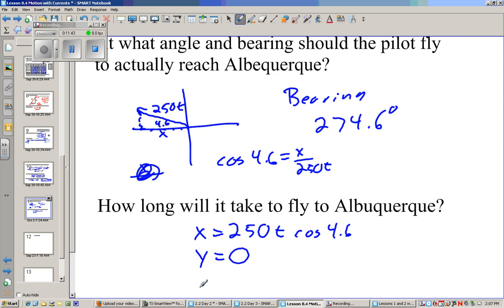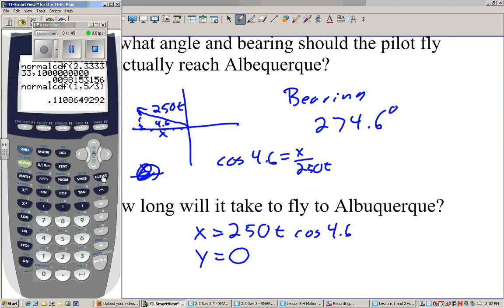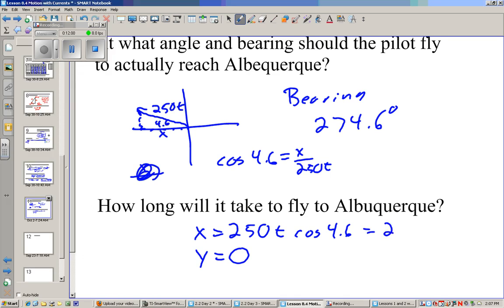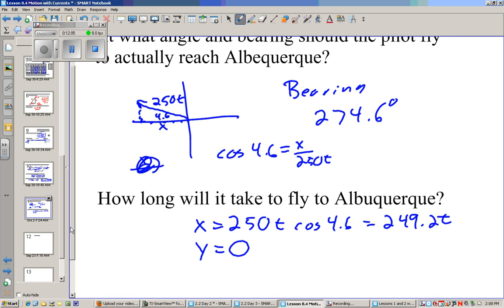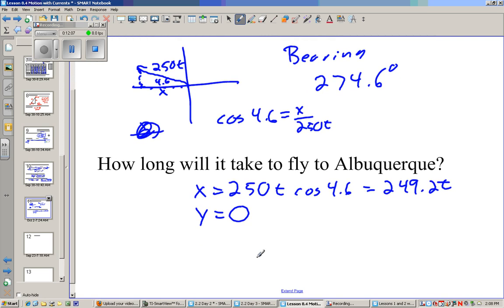So if I multiply this out, 250 times the cosine of 4.6, that'll be 249.2t. So if you want to see how long it's going to actually take to get to Albuquerque, well, it's going to be 1,000 equals 249.2t, divided by 249.2.